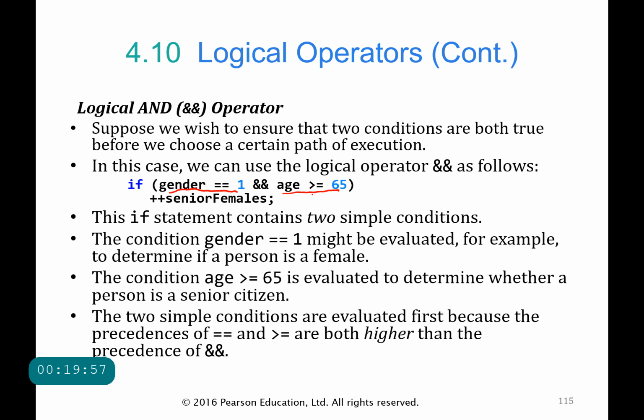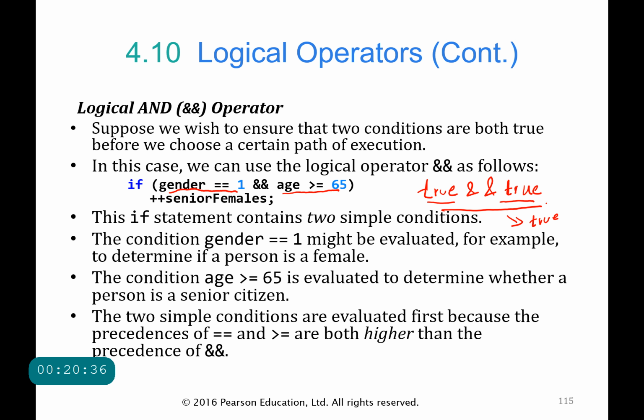Then the second condition could be age is greater than or equal to 65. Now, if both these conditions are true, gender is 1 and age is above or equal to 65, only then will your if statement be true. So if both are true, then the whole statement will evaluate to true.